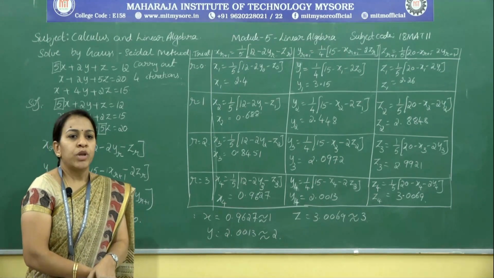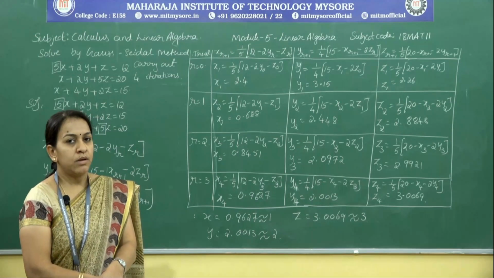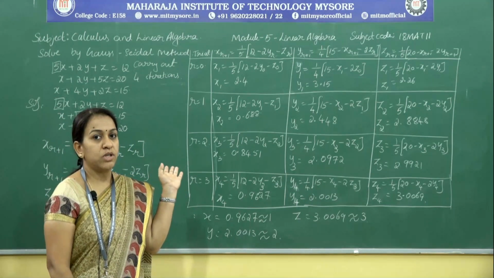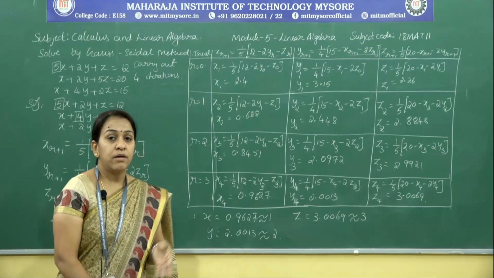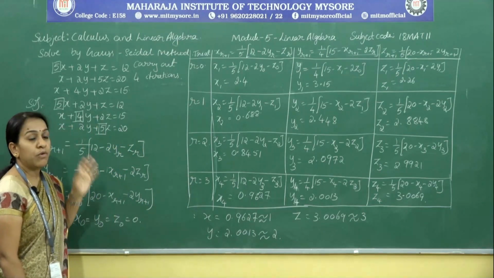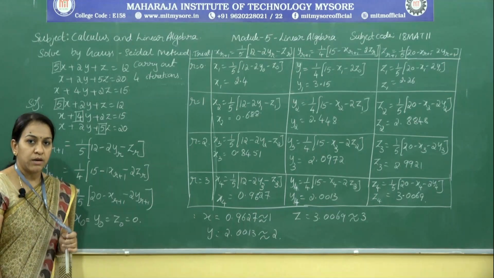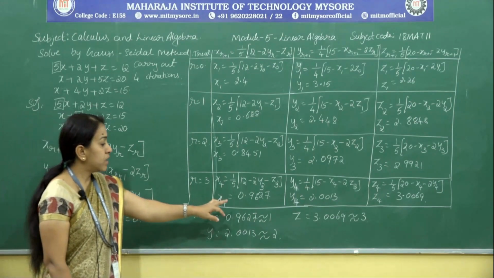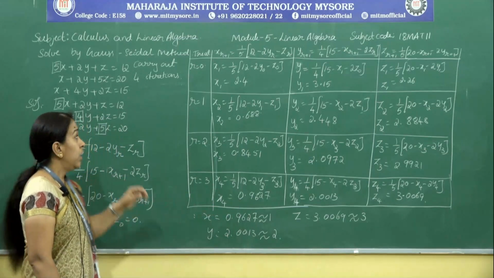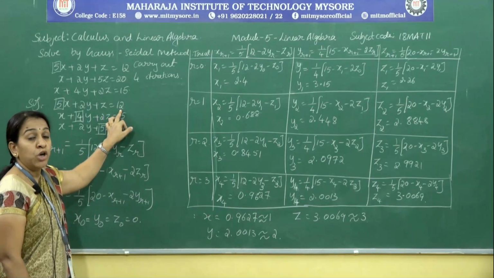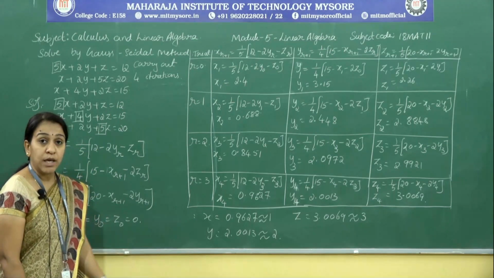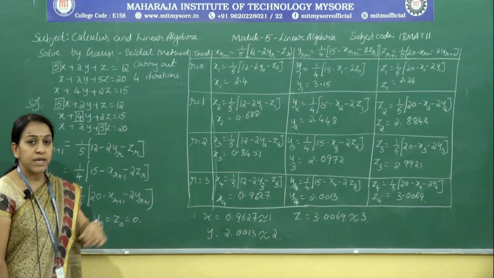Of course, in the last problem I told you to verify with your calculator. That means you can check using your calculator, or you can solve the system of linear equations using your calculator, or we can check in another method. If I put the x, y and z values in any one of the equations, you should get the RHS value. For example, you know that x equal to 1, y equal to 2 and z equal to 3.